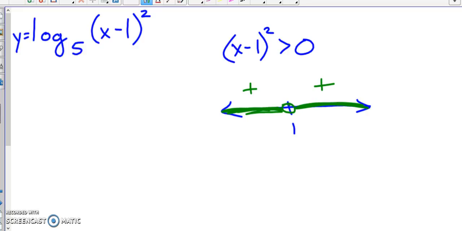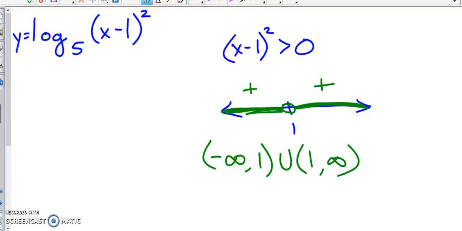So then your domain would be negative infinity to 1 union 1 to infinity. And obviously, if this were some other polynomial, you would just try to factor it and then do the same sort of thing. Sound good?